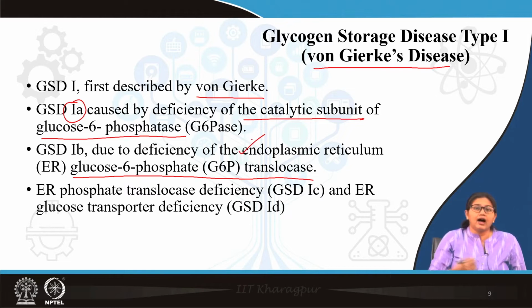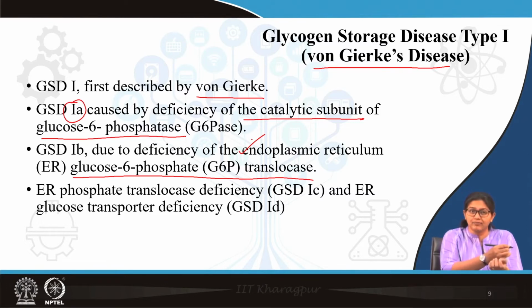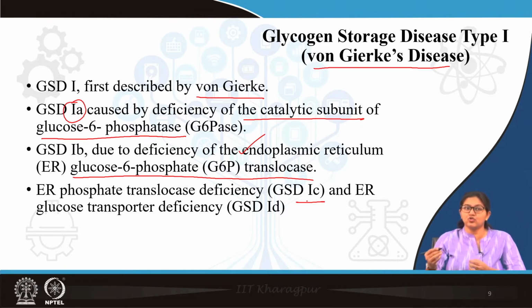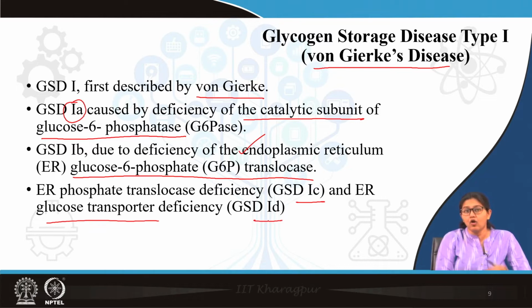Then there are other two types which are sometimes described as separate types. If the endoplasmic reticulum phosphate translocase is deficient, that is sometimes designated as type 1C. Then a glucose transporter deficiency is type 1D.